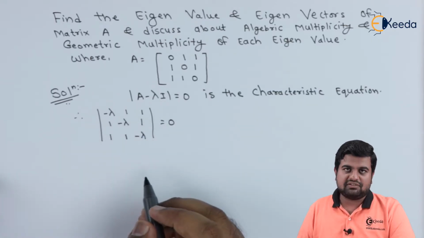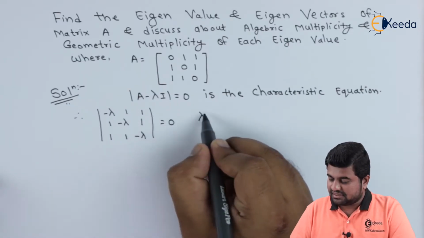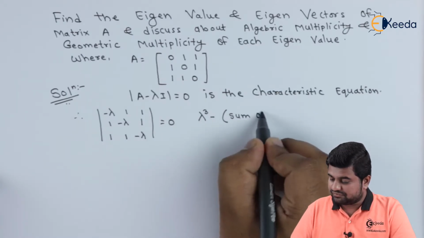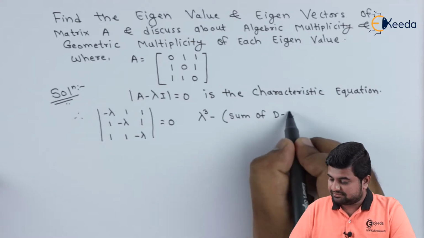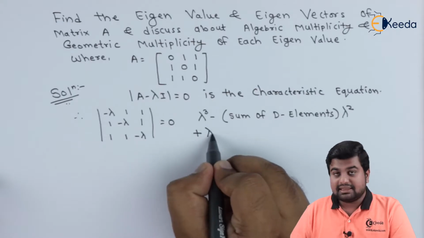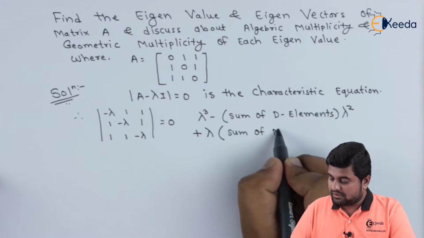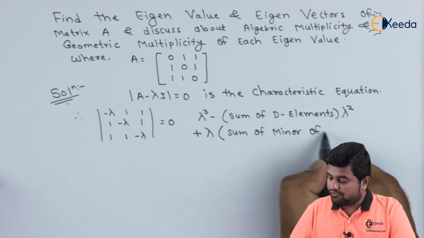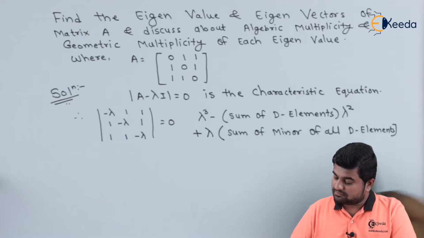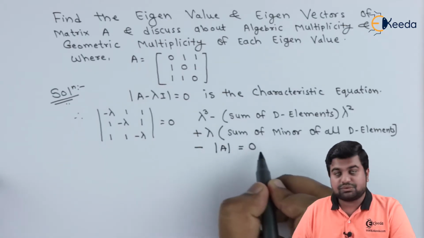And we have got a formula for the same, which is nothing but lambda cube minus the sum of diagonal elements into lambda square plus lambda into the sum of minors of all diagonal elements minus mod of A, which is equal to 0.